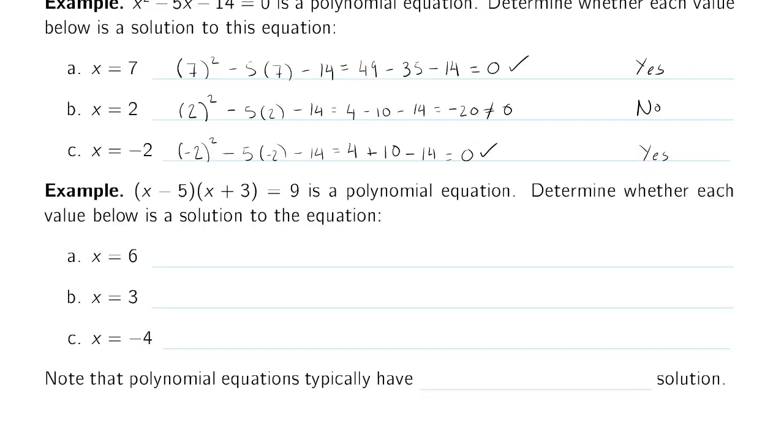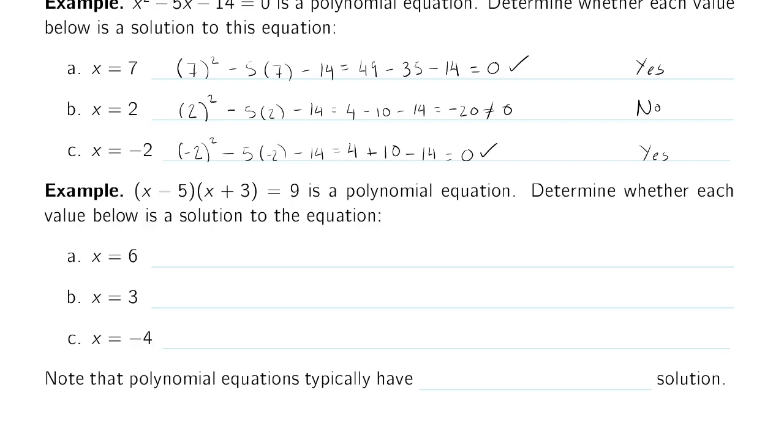Here's another polynomial equation. It's given with one side in a factored form, but we know if we multiplied that out, it would be degree 2. We have x minus 5 times x plus 3 equals 9. We don't have to multiply that out to check whether or not we have a solution.